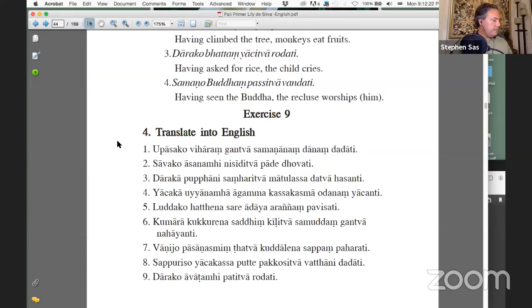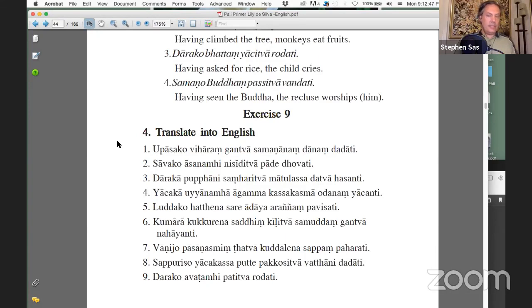So can you re-explain that, please? It's not very clear for me because I Kumara Kukenasatim Kilitva Samudangangva Nahayanti. So I translate by boys go to the beach to bathe and play with the dog.